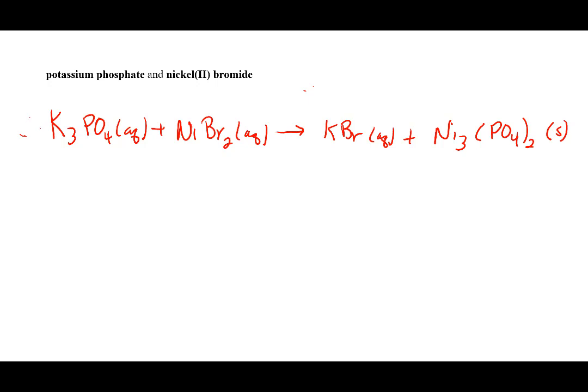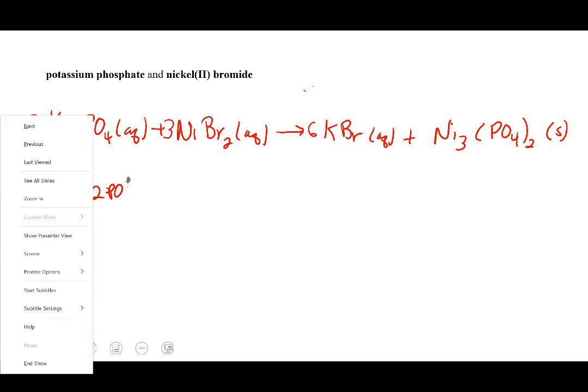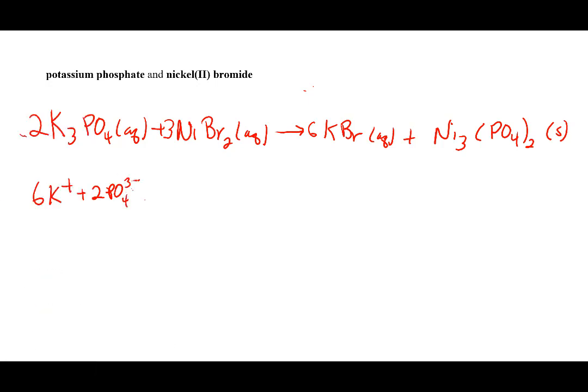Okay, we need to balance this. We're going to need 2 phosphates. We'll put a 2 there. We need 3 nickels, so we'll put a 3 here. And now we've got 6 potassiums and 6 bromides, so we'll put a 6 there. Okay, so we now have 6K plus 2 phosphates plus 3 nickel 2 plus 2 Br minus.